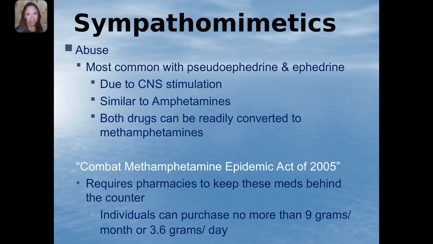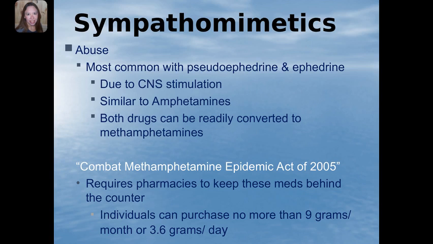When it comes to pseudoephedrine and ephedrine, these are over-the-counter products, but these medications can be readily converted to methamphetamines. And methamphetamines are illegal drugs that are being manufactured on the streets.